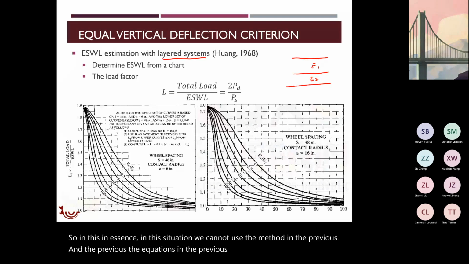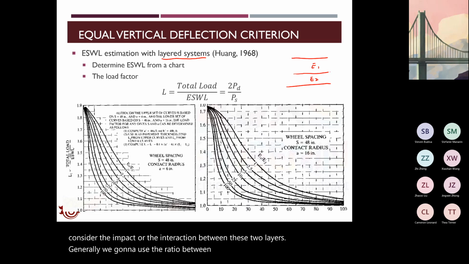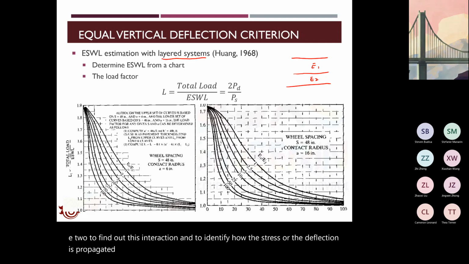Instead, we have to consider the interaction between these 2 layers. Generally, we use the ratio between these 2 elasticity moduli, E1 over E2, to find out this interaction and to identify how the stress or the deflection is propagated from one layer to another.